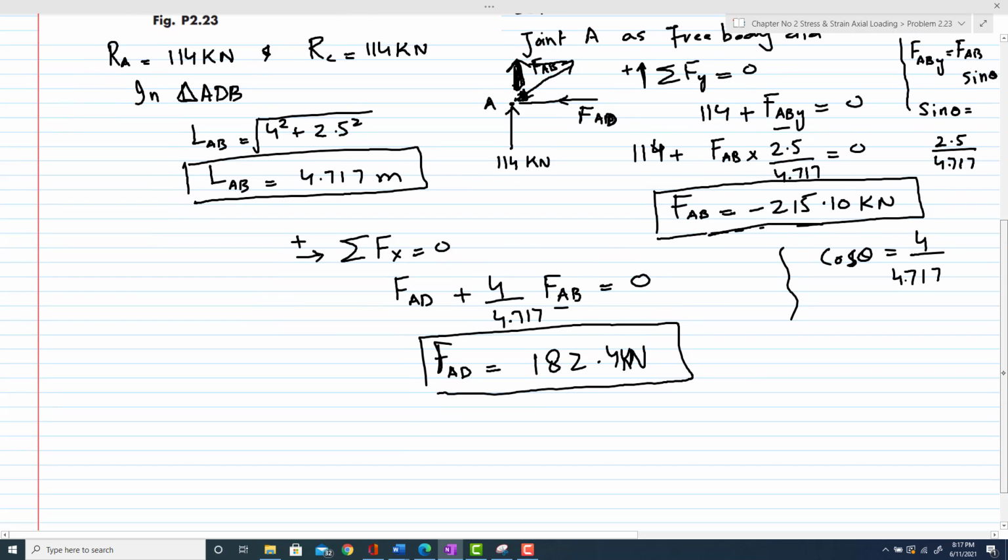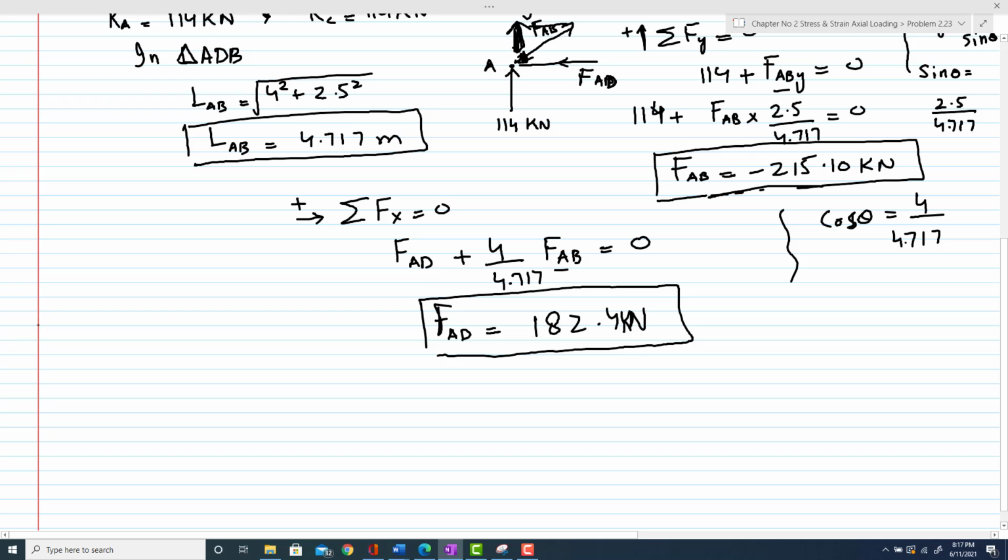Okay, now you have found FAB and FAD. You can calculate the change in length of AB and the change in length of AD.